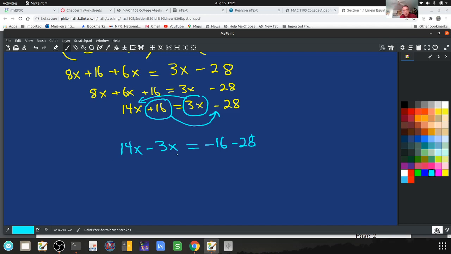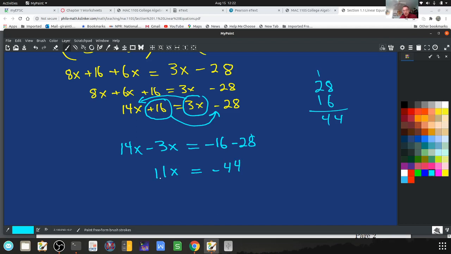So now I have x terms on one side and constant terms on the other. 14x minus 3x is 11x. And minus 16 minus 28 is the same as 16 plus 28 with the signs changed. So that's minus 44. Oh, how nice. It's going to work out pretty nicely.